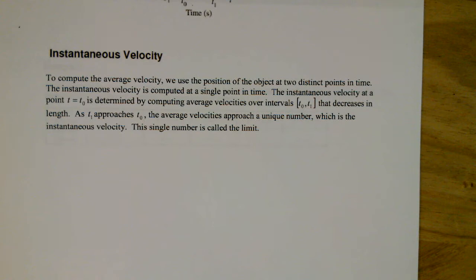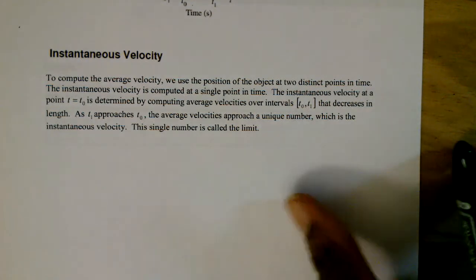The instantaneous velocity at point t equals t sub 0 is going to be determined by computing average velocities over intervals t sub 0 to t sub 1 that decrease in length. So as t1 approaches t0, the average velocities approach a unique number, which is the instantaneous velocity. And this single number is what we call the limit.